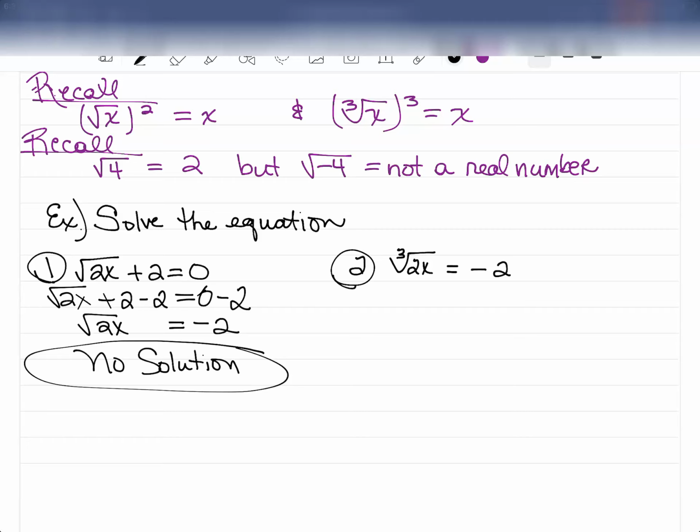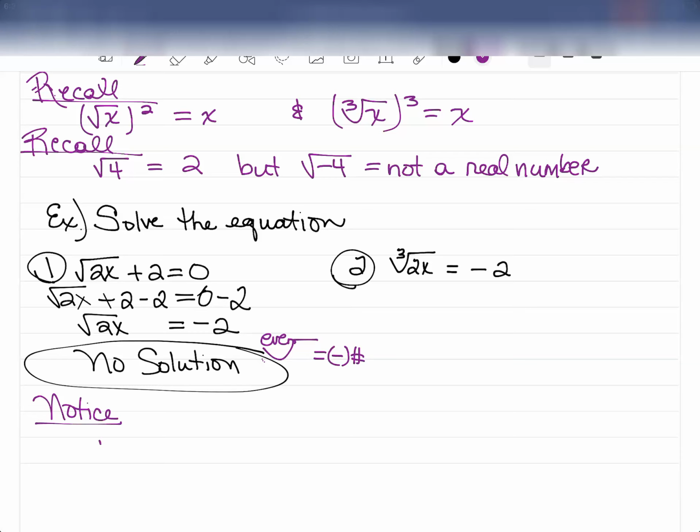I don't have a negative in front of that. I can't get a negative answer. No solution. I'll make a little note there: when you have an even root equal to a negative number, no solution.